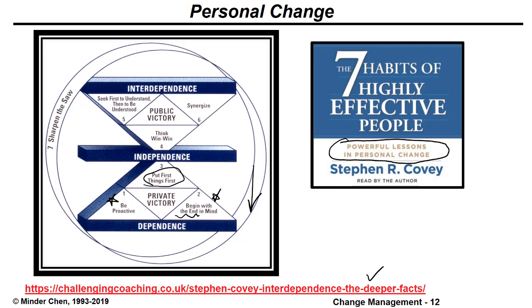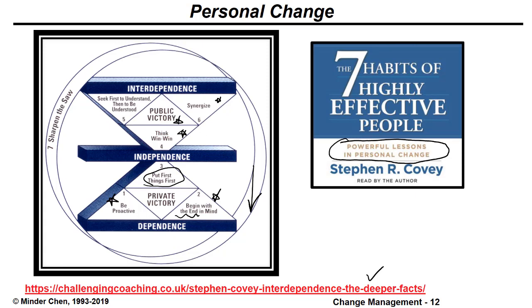And once you have those good habits, then you can expand it to relate to or influence other people in the public domain. And this is where you actually will create some kind of interdependency. One of the skills or habits is think win-win. When you work with other people, always think in terms of win-win, not a zero-sum game.